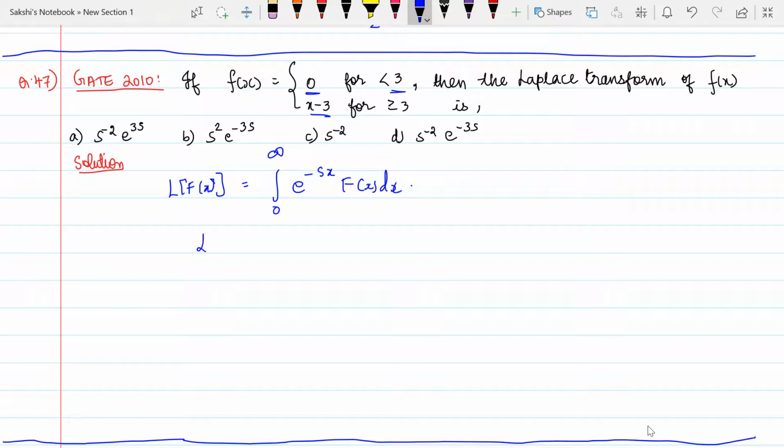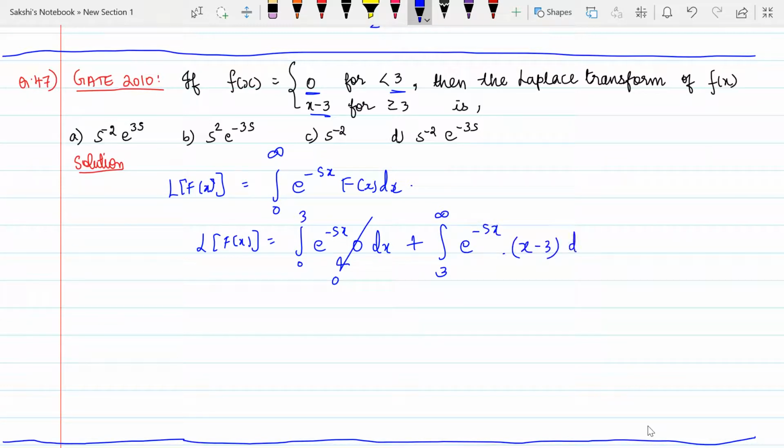So I can write my function as: from 0 to 3 the function will be 0, therefore that entire part will go to 0. And from 3 to infinity, it will be integral of e power minus sx, x minus 3 dx. Now I just have to integrate this integral.